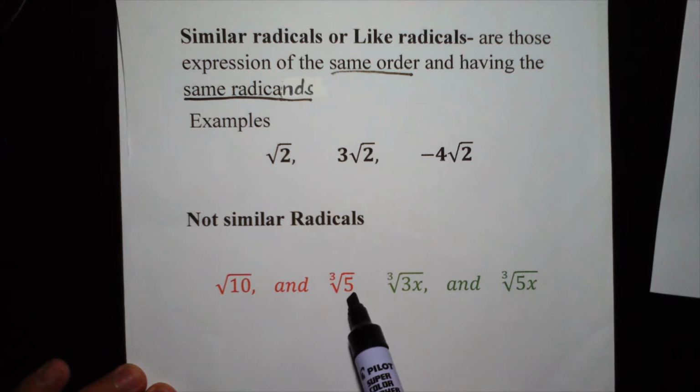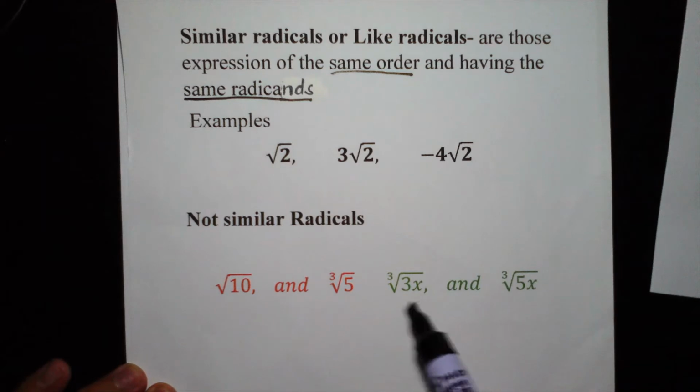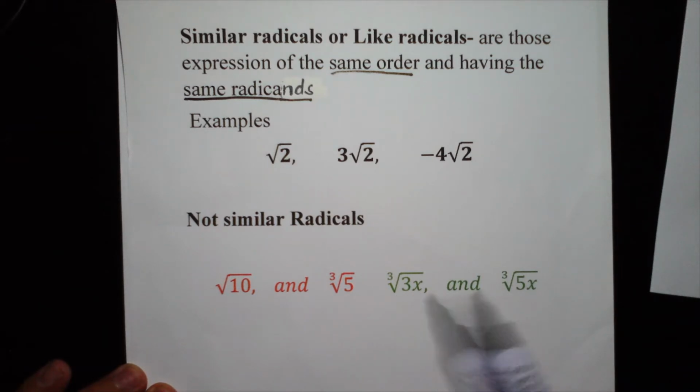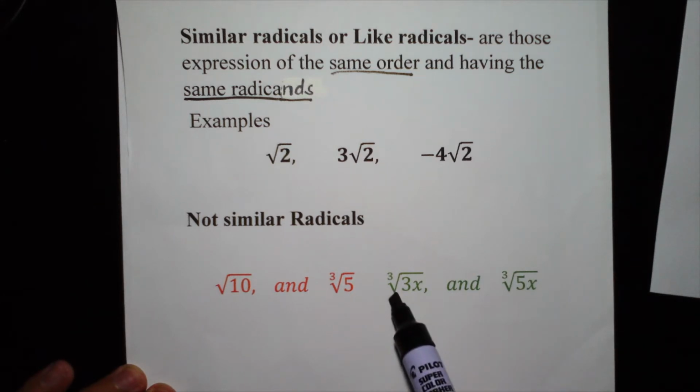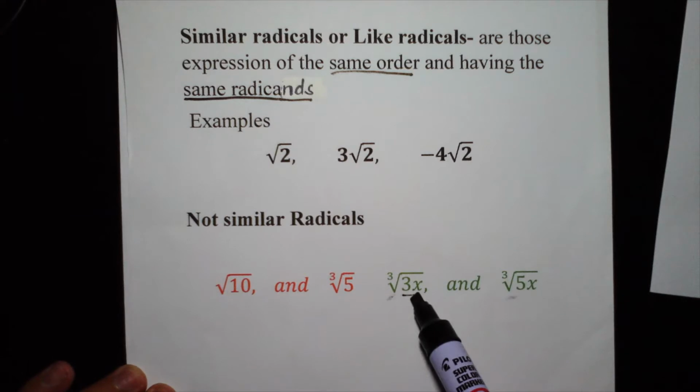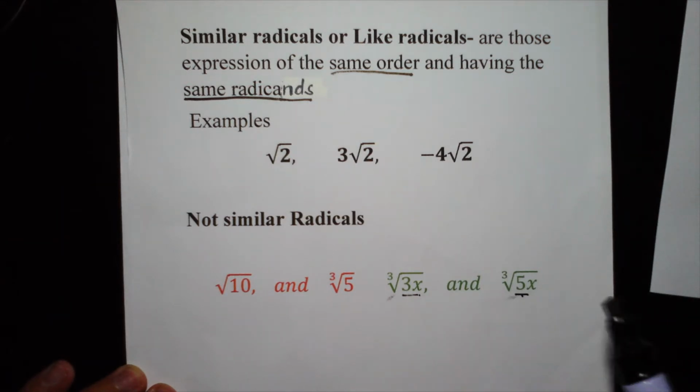So therefore that is not similar radicals. Another example is the cube root of 3x and cube root of 5x. They are similar in order, but they are different in radicand. We have 3x and 5x, which is different. So therefore they are not similar radicals.